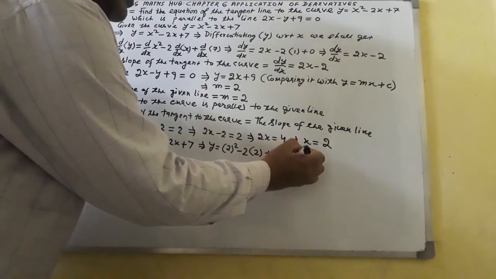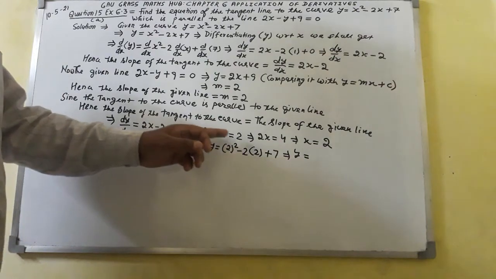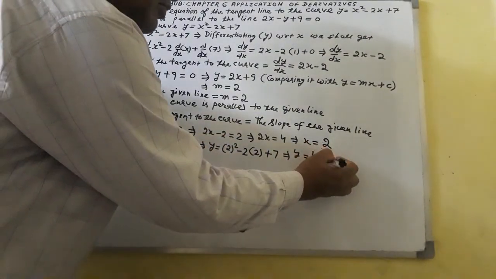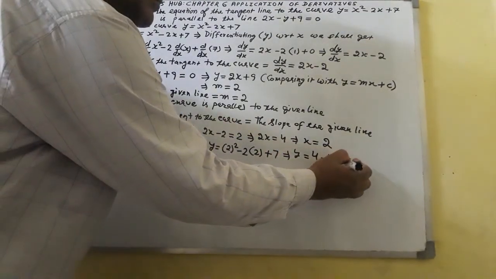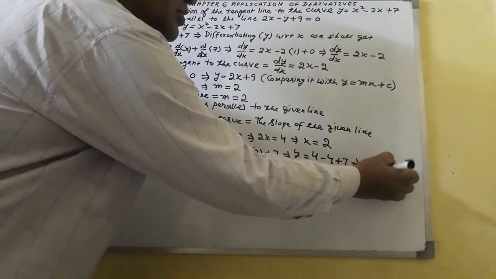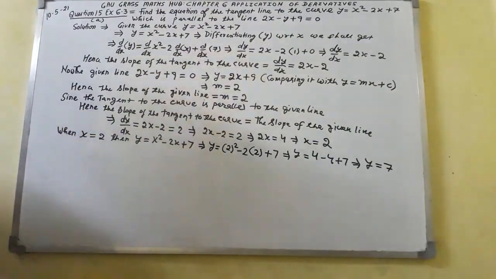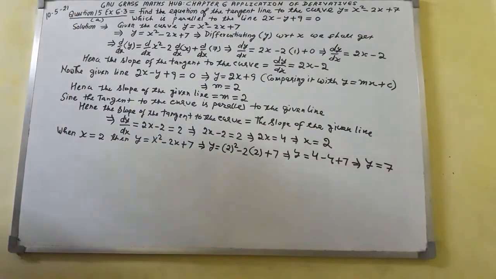This implies that y equal to 4, since 2 whole square comes out to be 4, minus 4, plus 7. This implies that y equal to 7 we have got. When x equal to 2, y equal to 7 we have got.